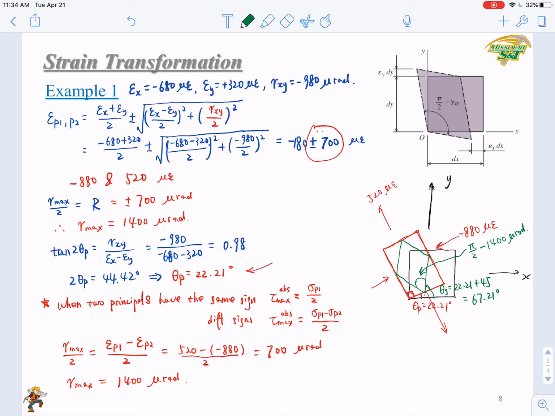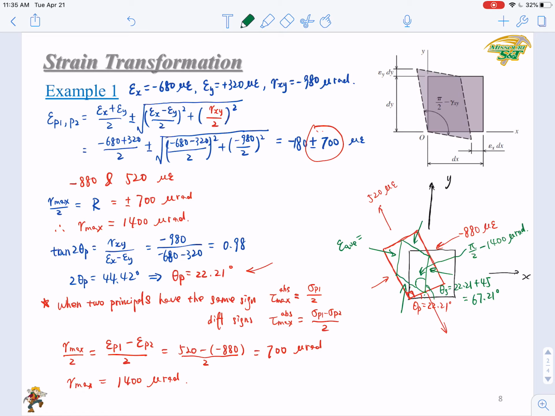Let me ask you this question. At this position where you find the maximum shear strain, what are the normal strains? You will have a normal strain here, both negative. It should be the average value, just the average of the two original normal strain values.